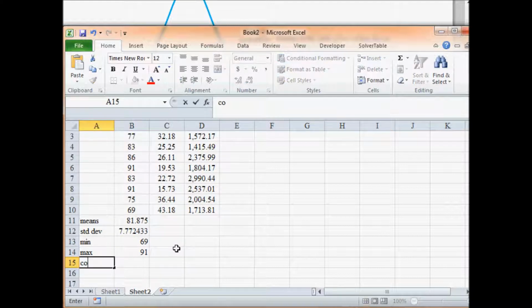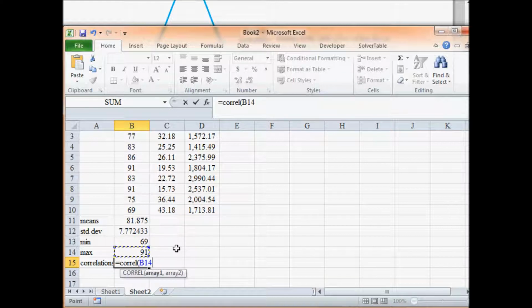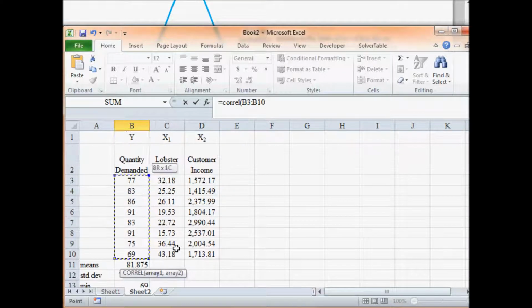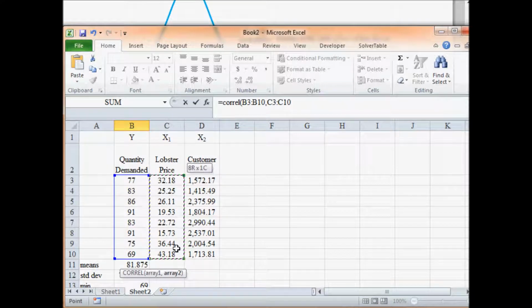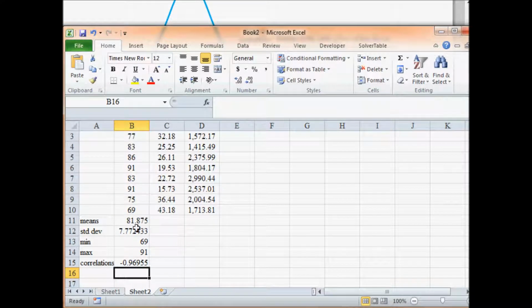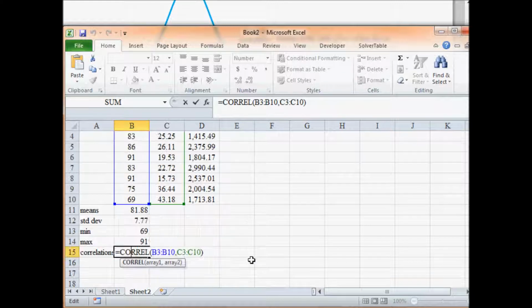And then I also want the correlations. I want the correlation of quantity demanded versus lobster price. Notice the correlation between quantity demanded and lobster price is very high.